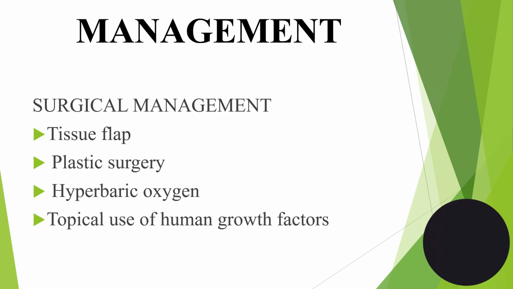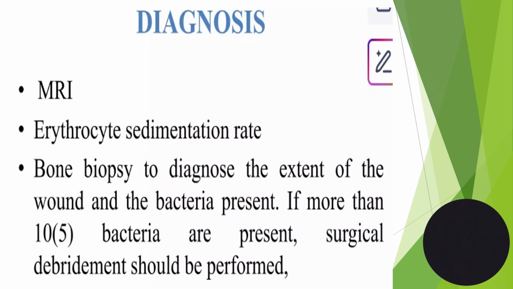Next is the surgical management: tissue flap, removal of the tissues, plastic surgery, hyperbaric oxygen, and topical use of human growth factors like placental cream or other applications. It helps to improve skin growth. When you come to the diagnostic studies, MRI studies are needed to find out whether it has reached the bone or not.